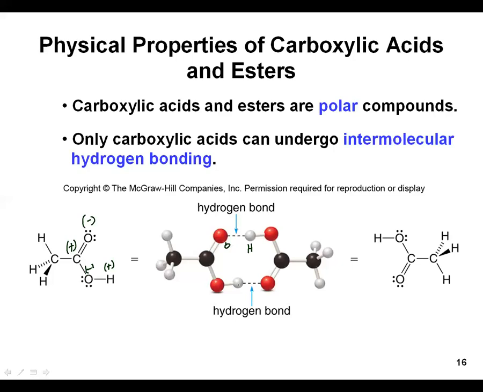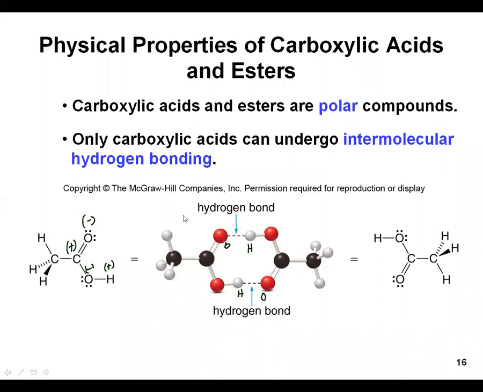And the same thing over here, this hydrogen is bonding to the oxygen on the double bond. So carboxylic acids and esters are polar compounds, but only carboxylic acids can undergo intermolecular hydrogen bonding.